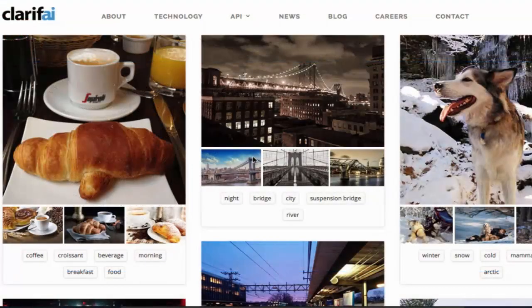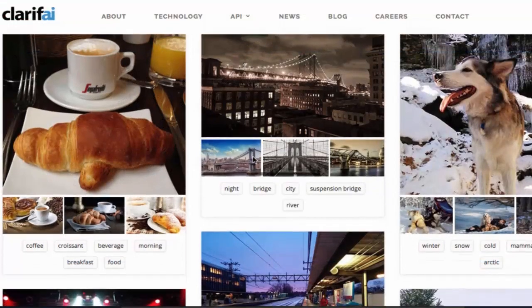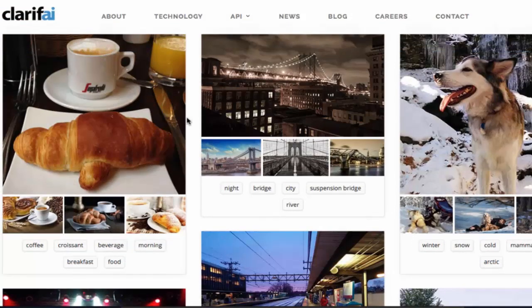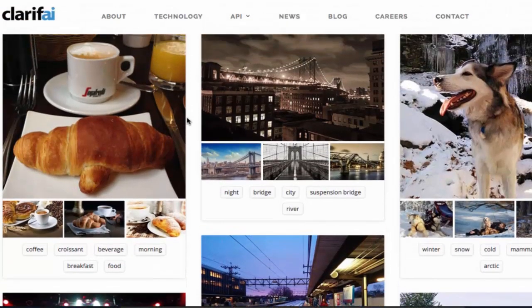I'd like to show you a few demos of deep networks in action now. Here is one algorithm from a company called Clarifai, which, given an image, tags it with different kinds of textual labels.